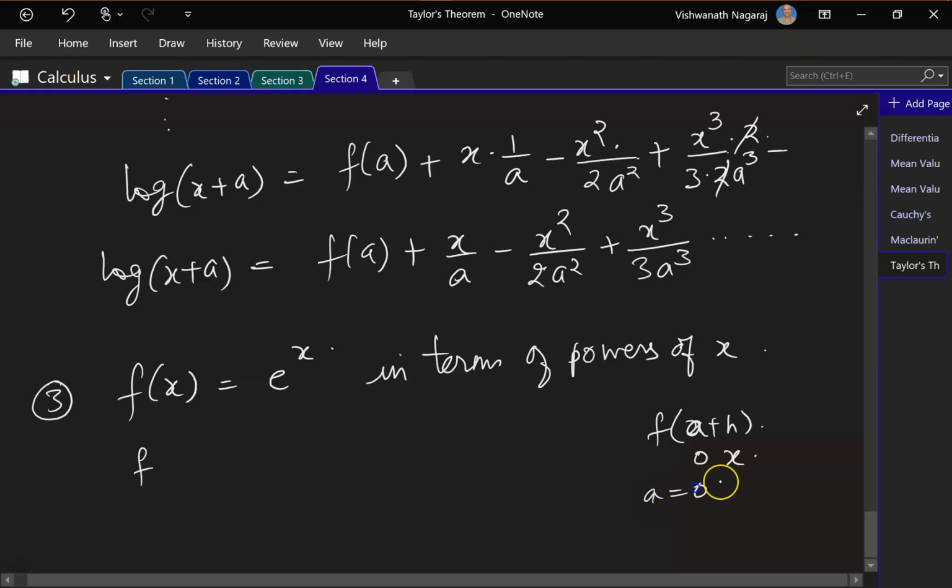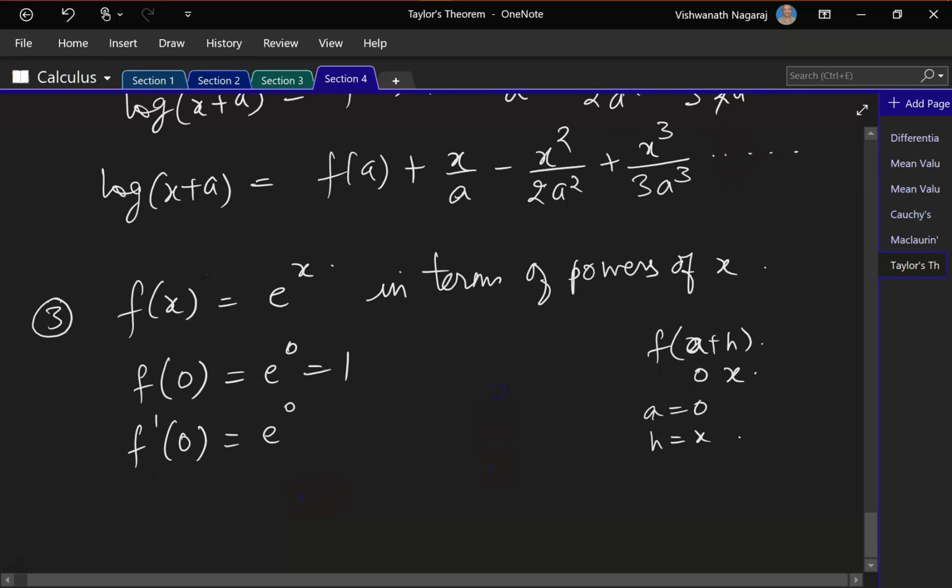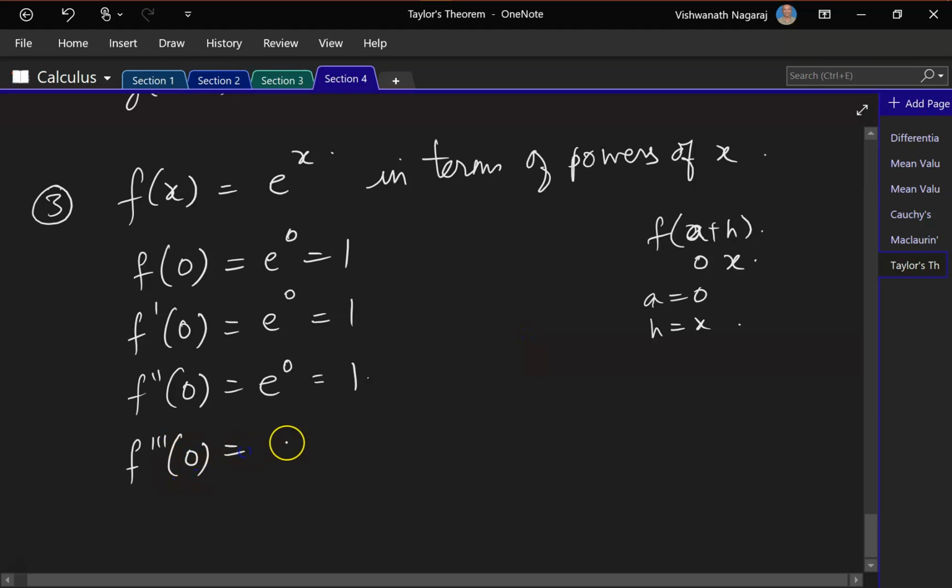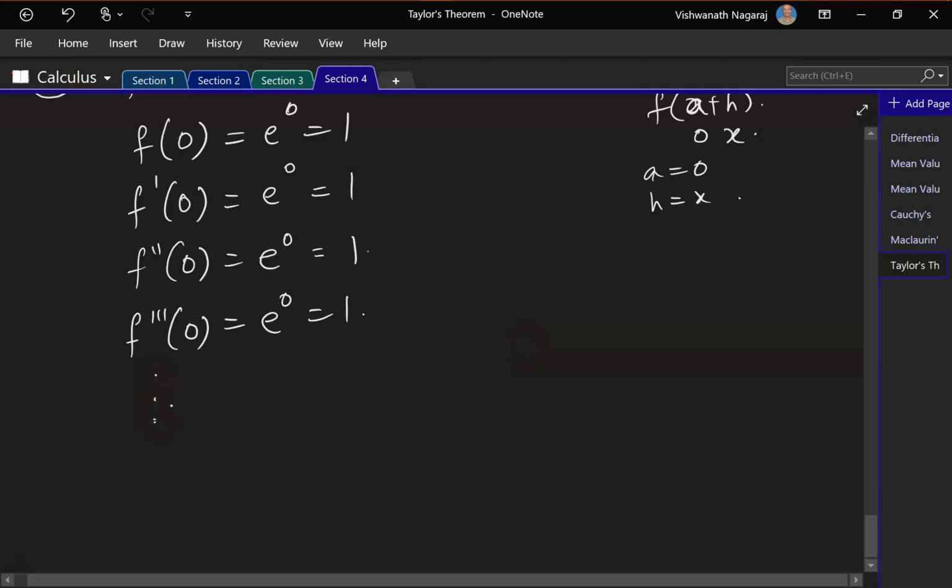So a would be 0 and h would be x. So f of 0 is e to the power of 0, which is 1. The first derivative is again 1. The second derivative is again 1. The third derivative is again 1, and this goes on.